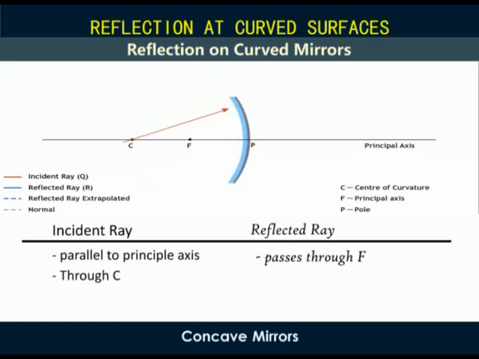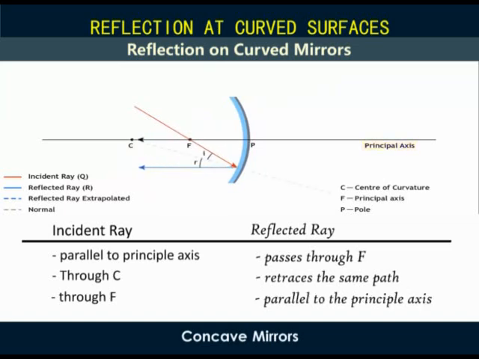An incident ray passing through C is reflected along the same path. 3. An incident ray passing through the focus is reflected parallel to the principal axis. And 4. An incident ray at an angle at P is reflected at the same angle.